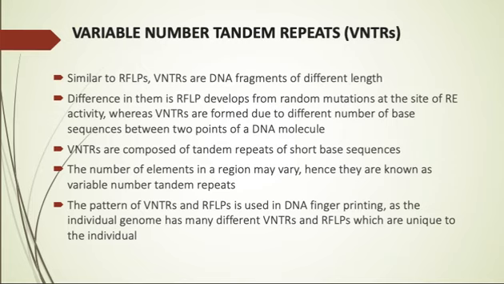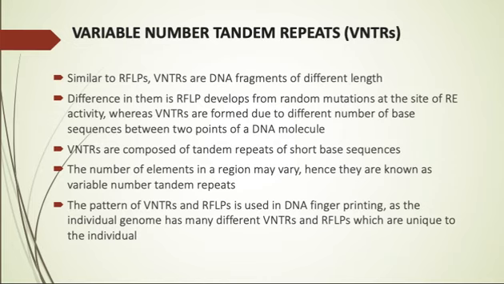The difference is that RFLP develops from random mutation at the site of restriction endonuclease activity, whereas VNTRs are formed due to different numbers of base sequences between two points of a DNA molecule. VNTRs are composed of tandem repeats of a short base sequence, and the number of elements in a region may vary. Hence, they are known as variable number tandem repeats.